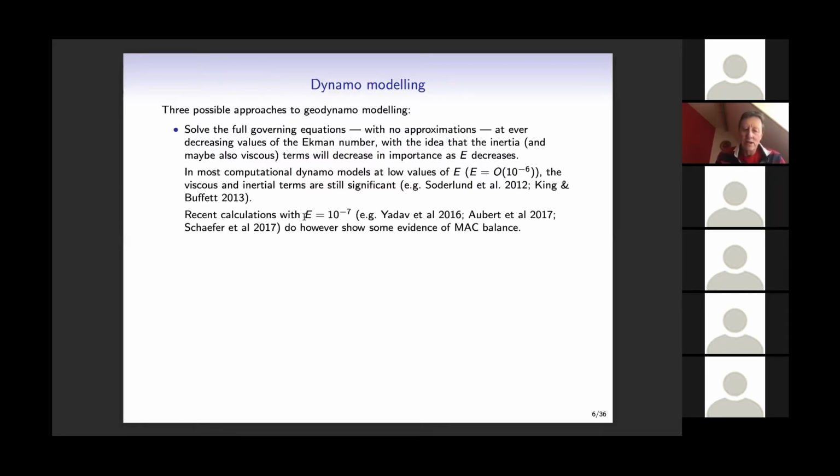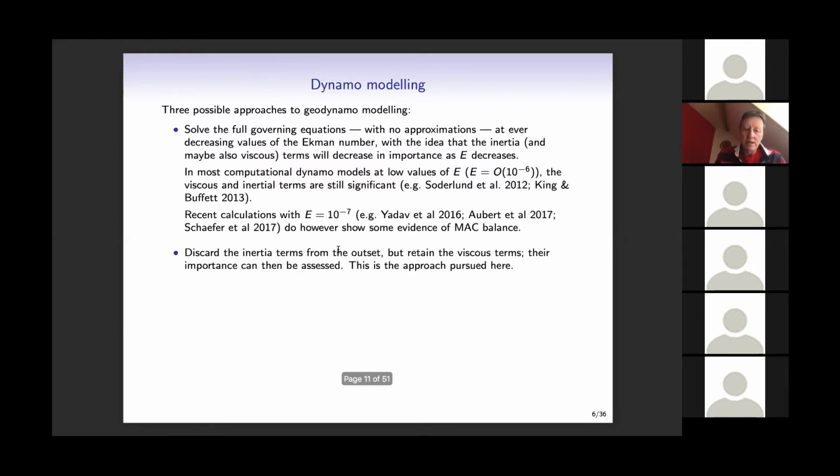And of course, there's a huge gap between what is accessible today, even with the most powerful computers, and the Ekman number of the Earth. So what I'm going to talk about, as I said, is we're going to throw away inertia, but I'm going to keep the viscous terms. Okay, then we can see how important they are.